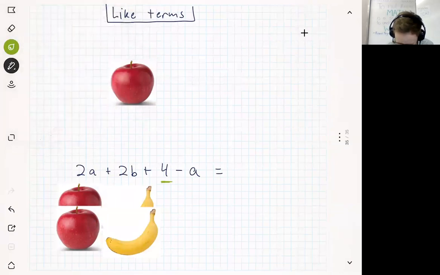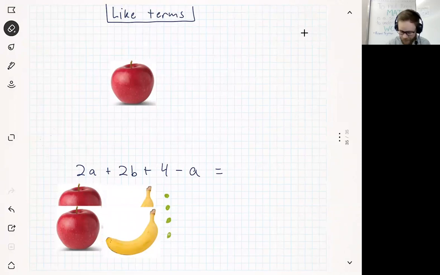And it doesn't really tell us what 4 is, but I know that it's not apples because it's not 4 times a. And I know that it's not bananas because it's not 4 times b. So 4, we're just going to represent with 4 dots here. So you've got 2 apples plus 2 bananas plus the 4 dots. We don't really know exactly what they are, but we do know they're not apples or bananas because it's not 4a or 4b. And then it says minus a.